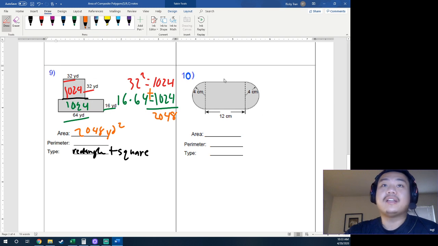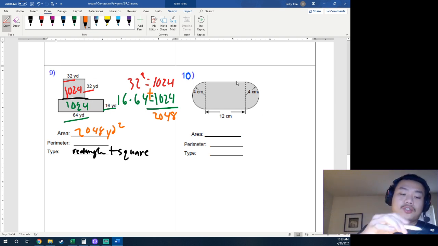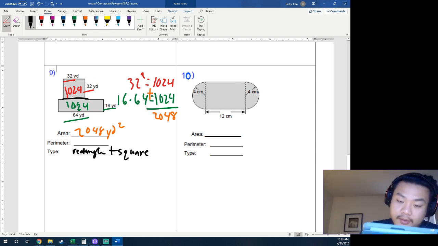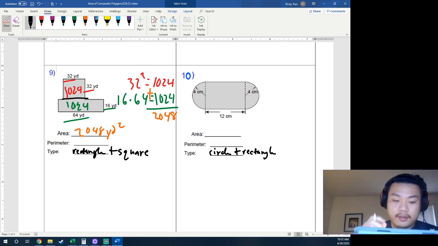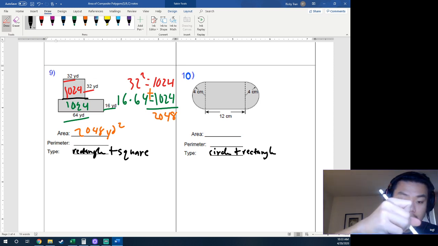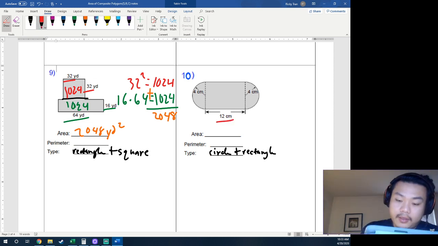Okay, and then the last one is a circle plus a rectangle. We need this length and this length, which is 8. So 8 times 12, 96.